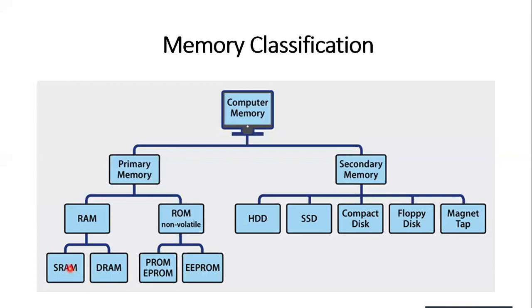So it is very expensive and also consumes more power than the DRAM. The SRAM is also called the cache memory, which is included on the processor chip.